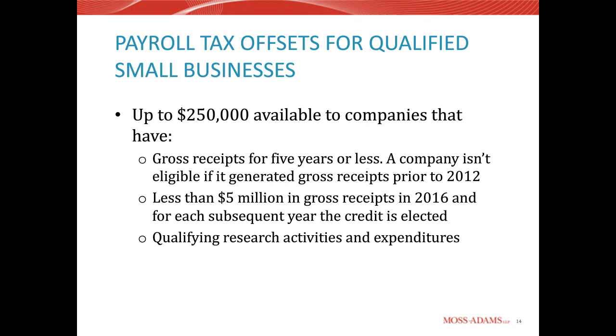The second requirement says that you have to have less than $5 million in gross receipts for the year that you're claiming the credit. Since 2016 is the very first year this credit is in place, your revenues would need to be less than $5 million in 2016. Third, you actually need to have R&D credits that you can cash out. And in order to have R&D credits, you need to have qualified research activities and qualified research expenses.